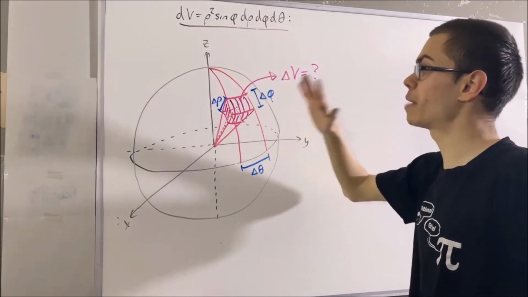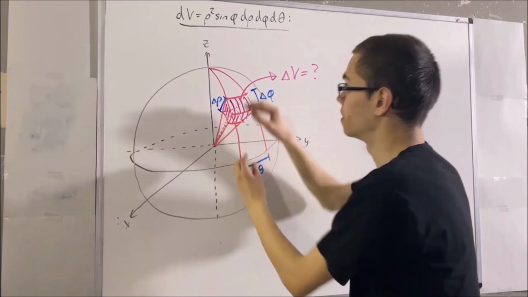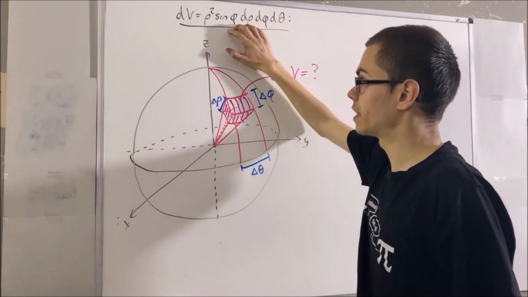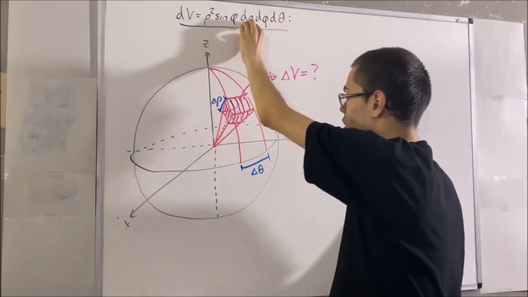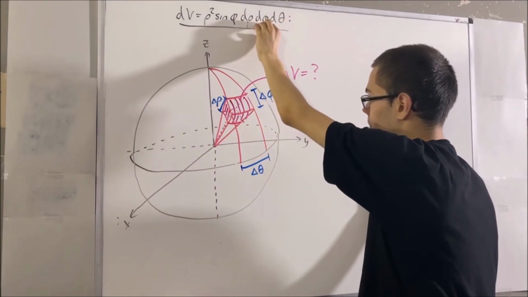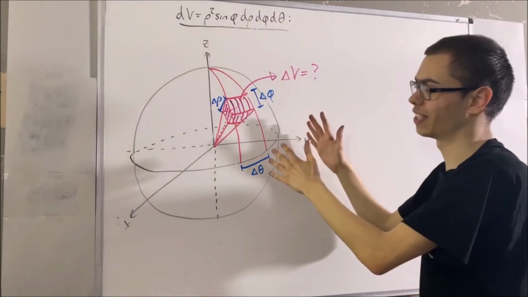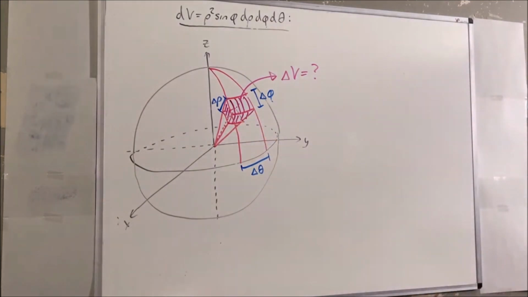We're going to geometrically show that the volume of this thing becomes rho squared sine phi d rho d phi d theta, when delta rho becomes d rho, delta theta becomes d theta, and delta phi becomes d phi. So how do we actually figure out the volume of this thing? Well, we're going to break this problem up into a series of steps, starting with step 1.